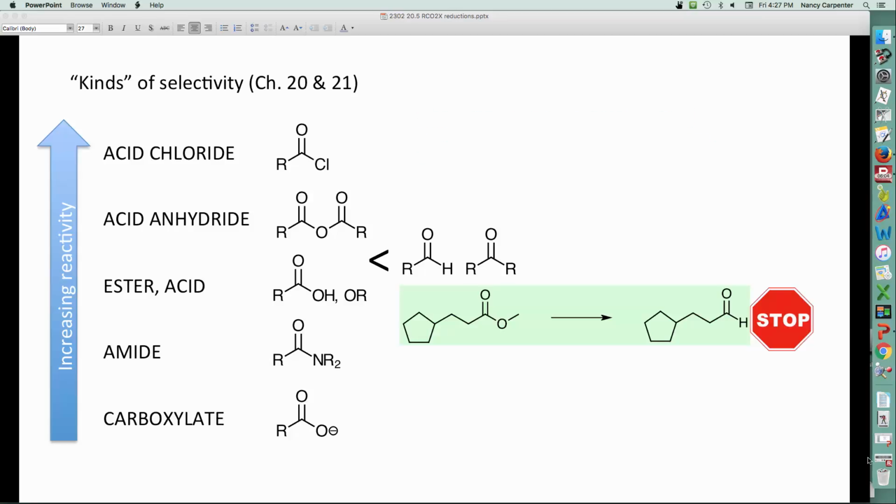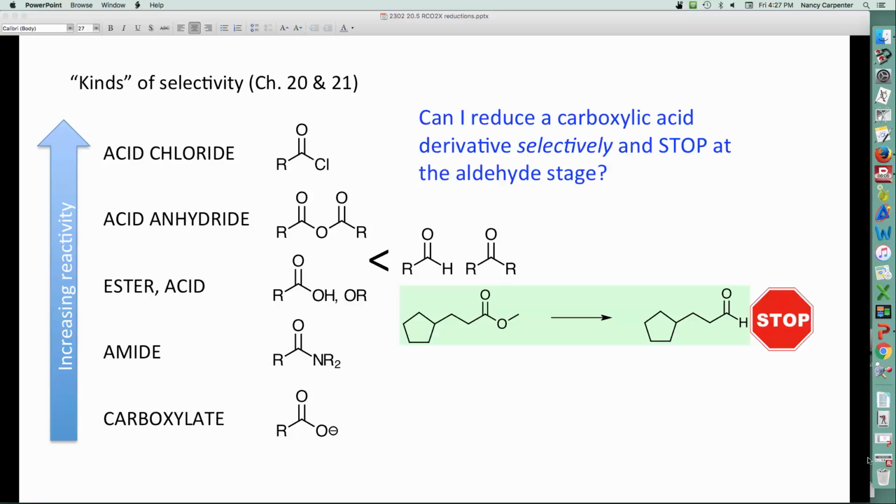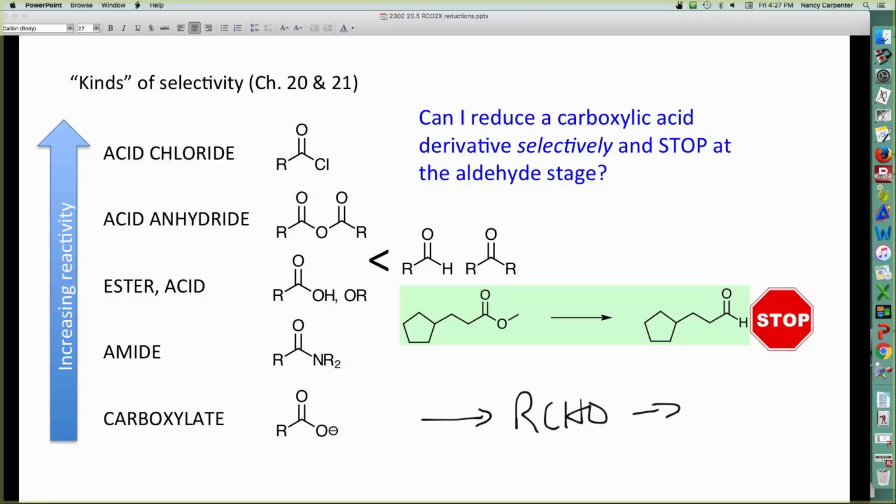Can I possibly reduce a carboxylic acid derivative selectively and stop it at the aldehyde stage? So just like we saw for the oxidation of the aldehyde into the acid, now we're turning the tables, if you will, and trying to figure out, geez, can I do the reverse?